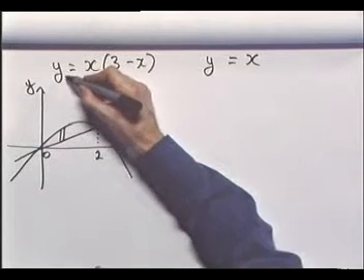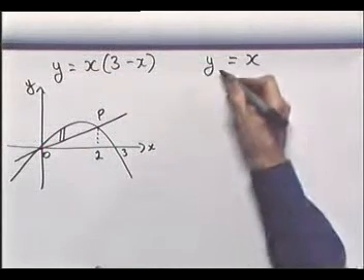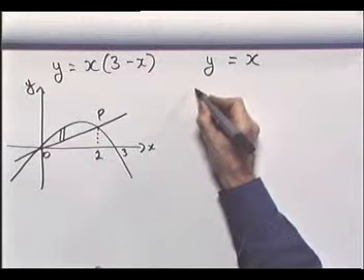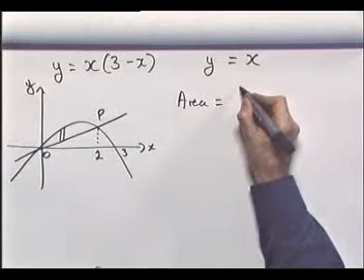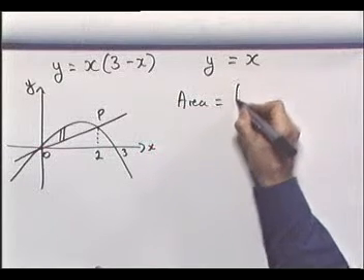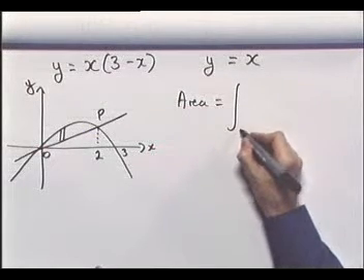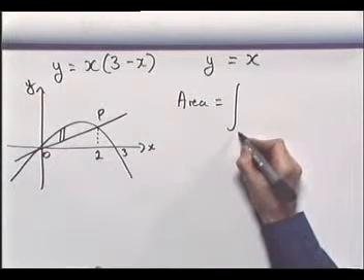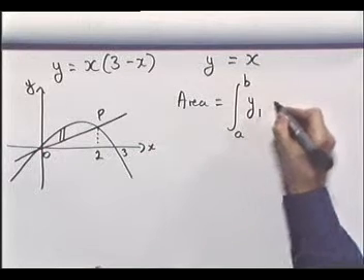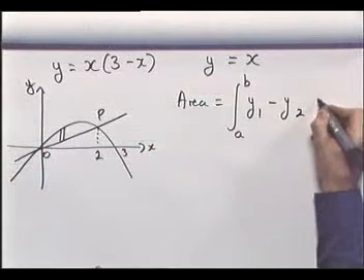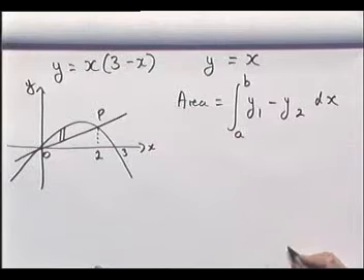So if we were to call this y1, let's say, and this one y2, then might not the area that we're looking for, the area between these two curves, y1 and y2, between these ordinates here, let's call them A and B, might not we be able to work it out by doing that?